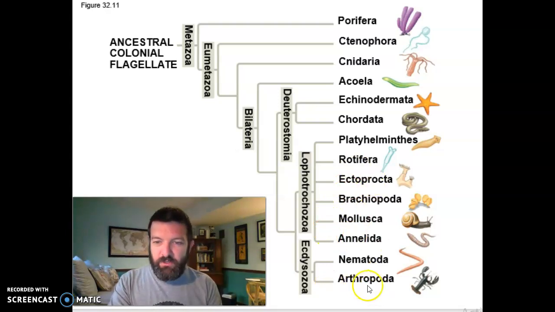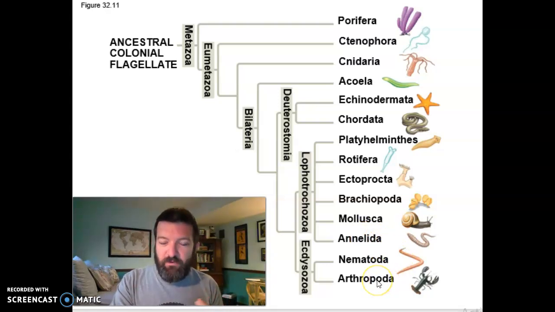We used to think that, for instance, Annelida and Arthropoda must be very closely related because they have segments, and we thought segments must have evolved in a common ancestor. Well, the molecular phylogeny says no, segments evolved two different times, once in this group and once in this group. And Arthropoda, instead of being with Annelida, should be with Nematoda because they both have cuticles on the outside that they molt. And so we call this group Ecdysozoa, ecdysis meaning molting.